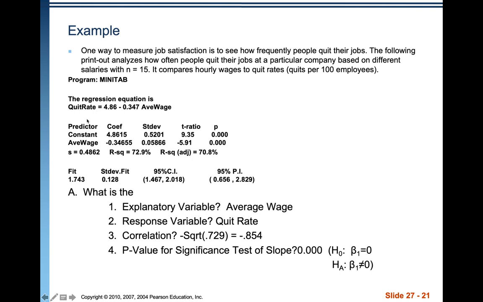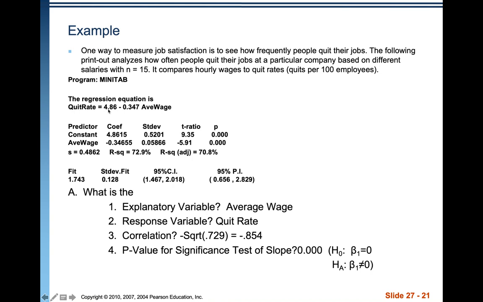When you look over here, there's going to be something that says predictor or variable, and you'll have something that indicates a constant. The coefficient for that would be the y-intercept. Then you have another variable, average wage, and the coefficient for that is the slope.